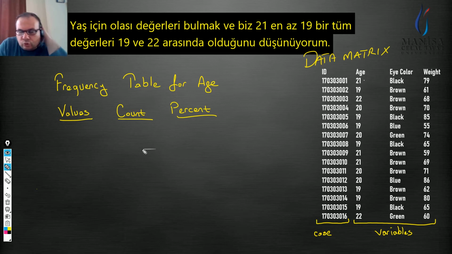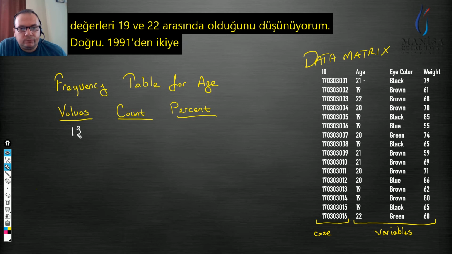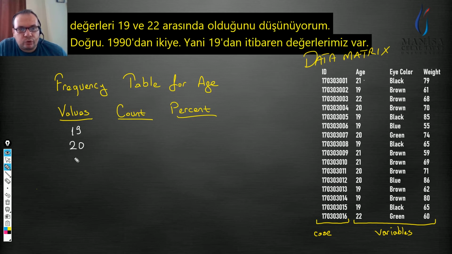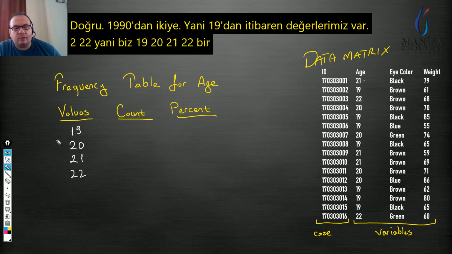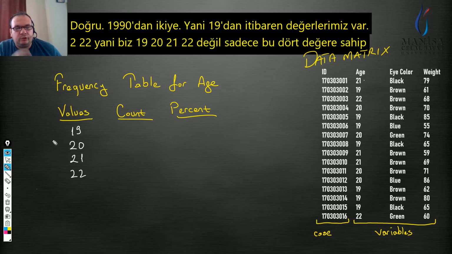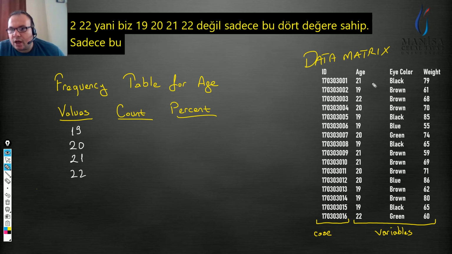So we have 19, 20, 21, 22, and not 23. We just have these four different possible values, and we have to count now.